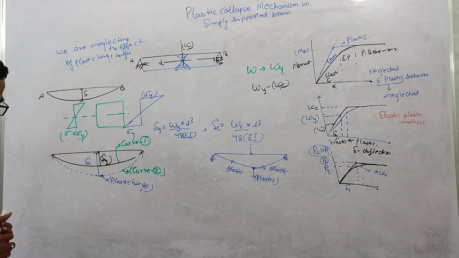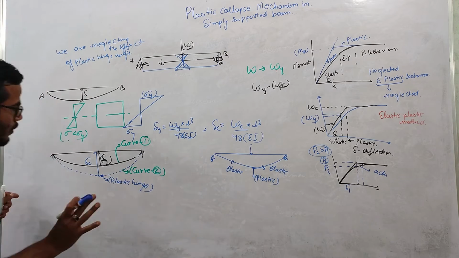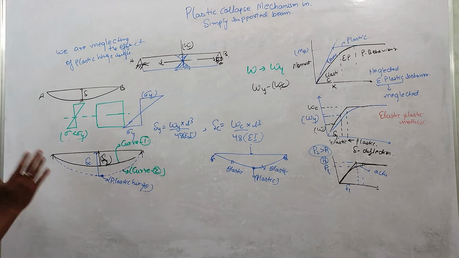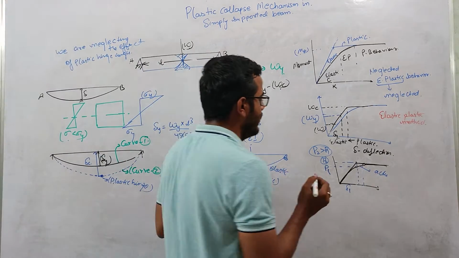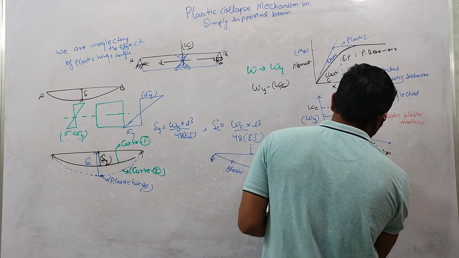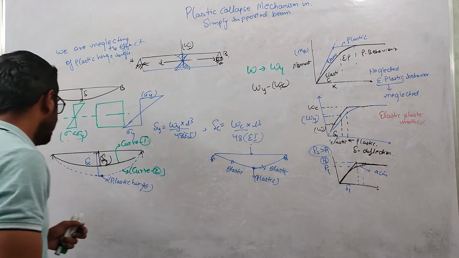So now see carefully, when this plastic hinge is formed, this beam will deflect, this beam will be having deflection with constant load. Okay.